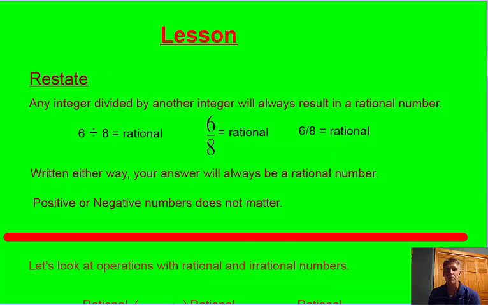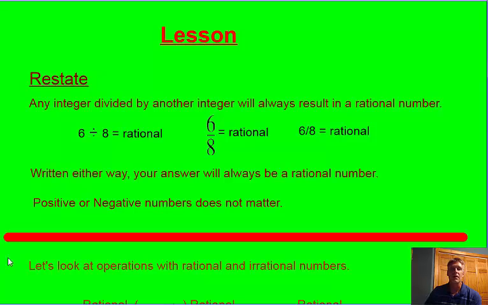I know that will be a rational number. It has to be. So whether it's written with the division sign, the fraction bar, or the slash, it's going to give you a rational number. Positive, negative numbers, it really doesn't matter.